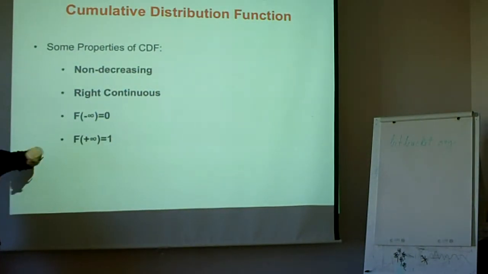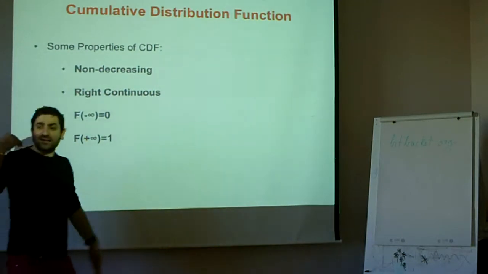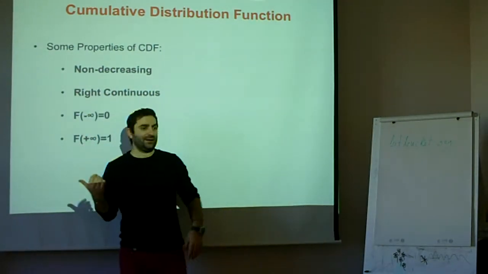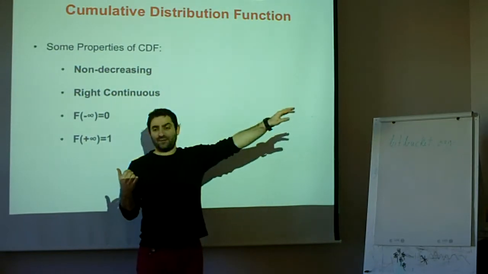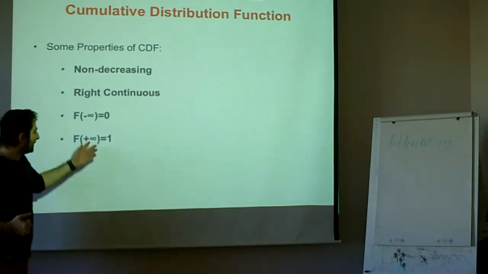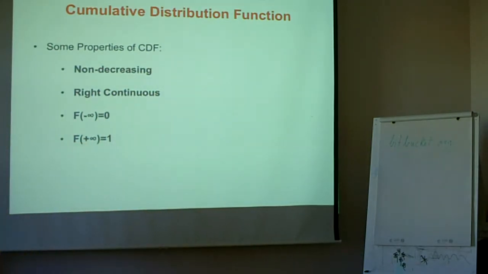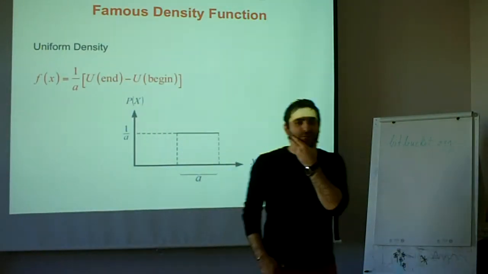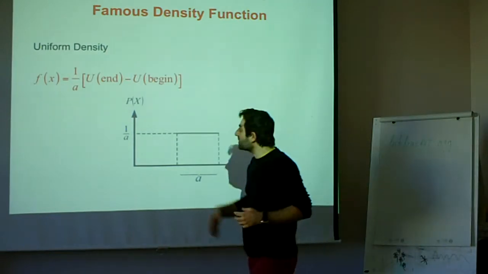The other two important things are that at minus infinity, the CDF is 0, and at plus infinity, the CDF is 1, because the addition of all the probabilities cannot be more than 1. Now, we talked about discrete random variables, and for discrete distributions, we call them probability mass functions.